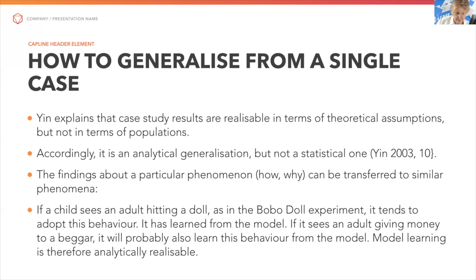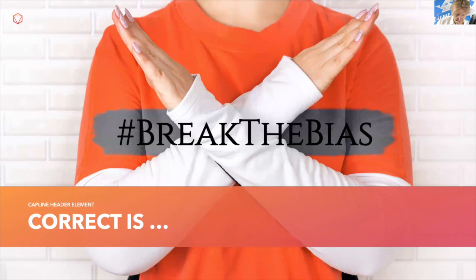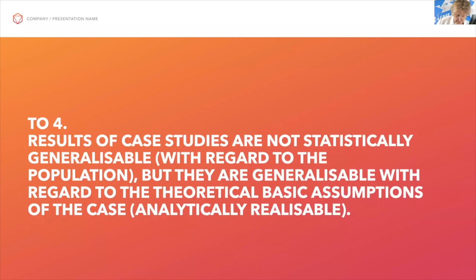Model learning is therefore analytically generalizable. Correct is, results of case studies are not statistically generalizable, but they are generalizable with regard to the theoretical basic assumptions of the case.